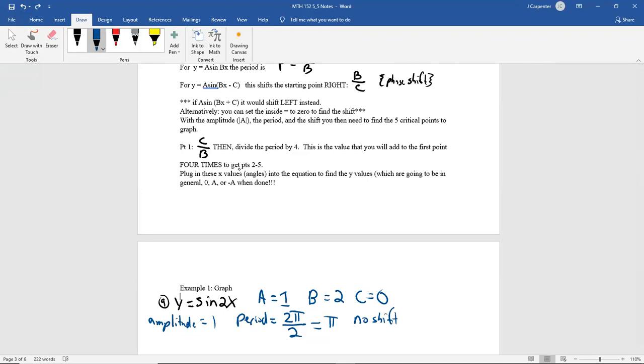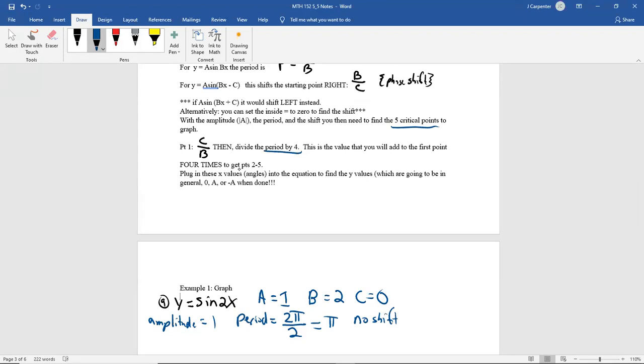The last thing that we need to know is, well, this is going to be our first point. 0 will be our first point, 0 degrees, 0 radians. But we need to find all 5 of those critical points. So we take the first point, which was 0, and then we add the period divided by 4.